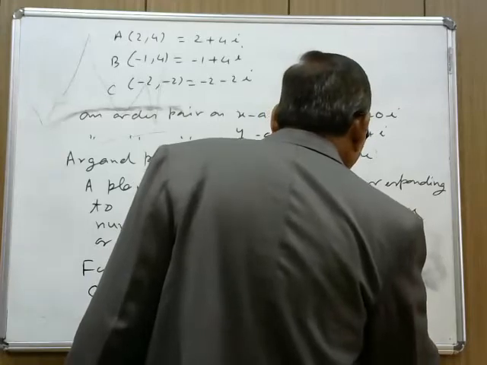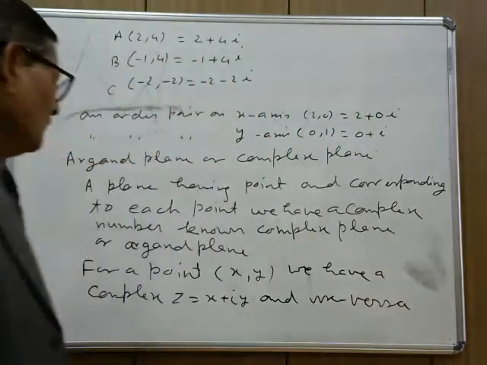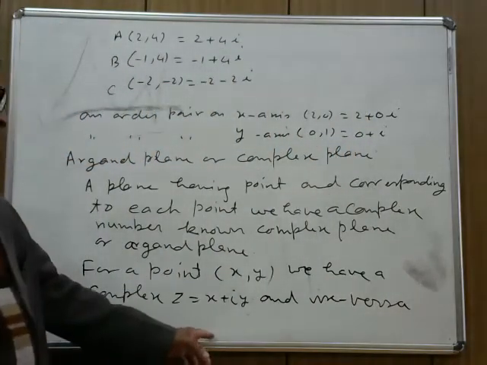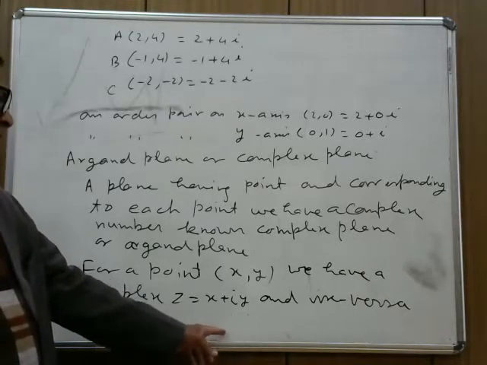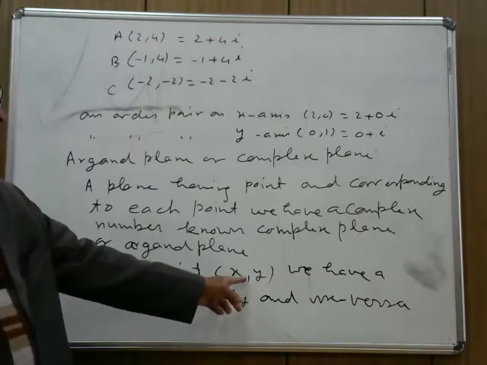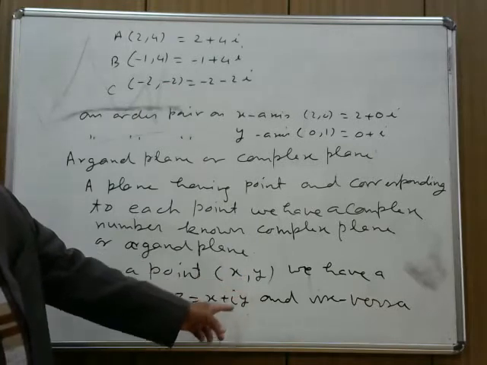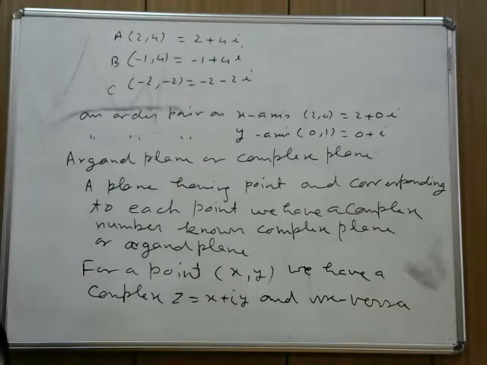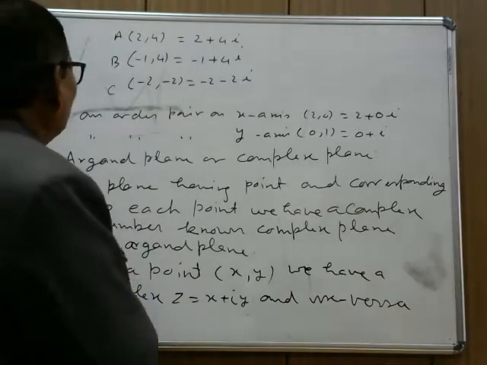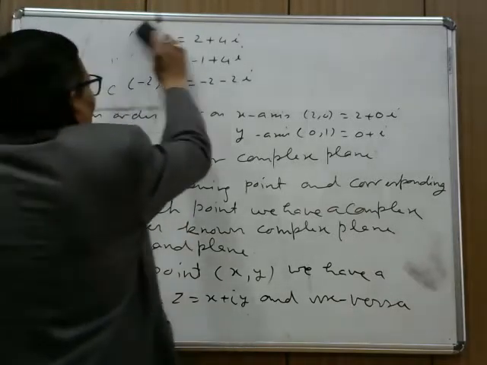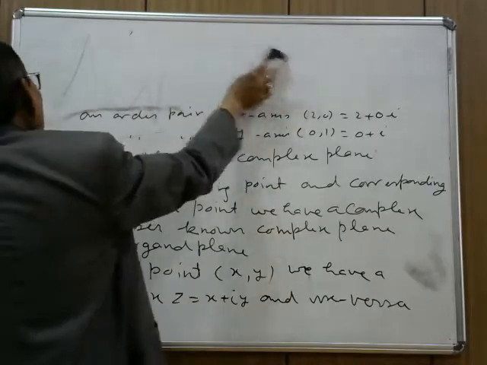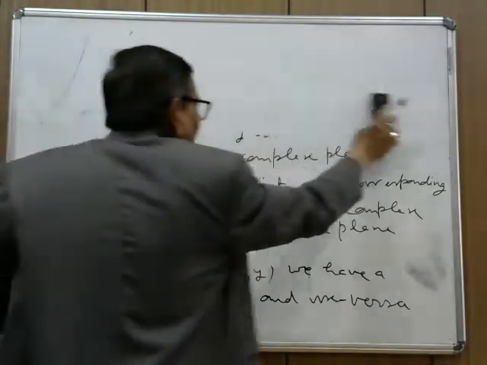So what can we conclude? For every complex number in the xy plane, the Cartesian plane, there is a point (x, y), and for every point (x, y) there is a complex number x plus iy, which I have shown you by making the coordinate plane, showing the point and the corresponding complex number in that plane.